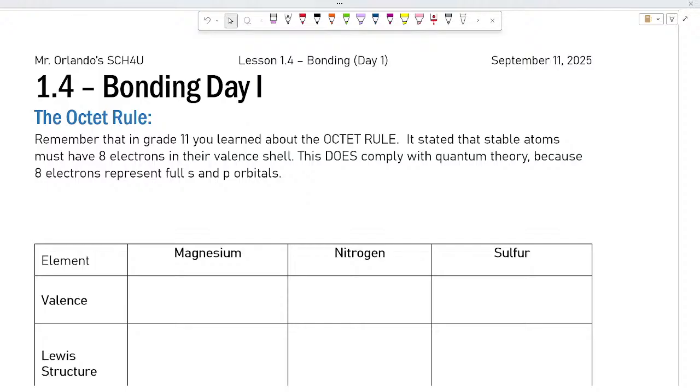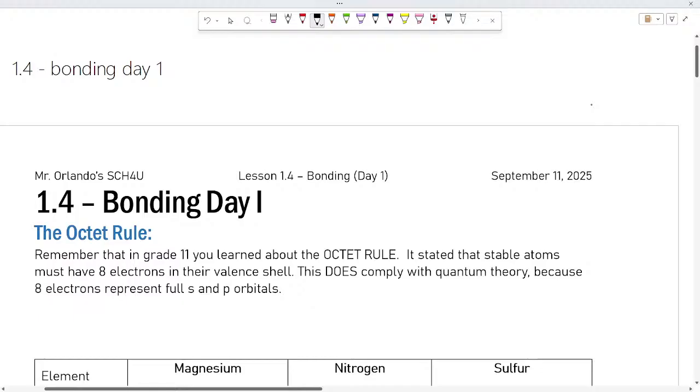Because if you think about it, d and f are always actually not in the valence shell. D and f, as a rule, are actually in previous shells, right? If the valence shell is 4p, then yeah, the d orbital is filled out, but not the 4d orbital, it's the 3d, so it's not actually part of the valence. Does that make sense?